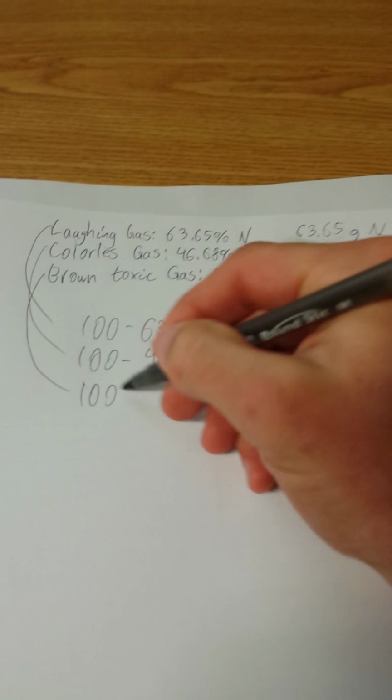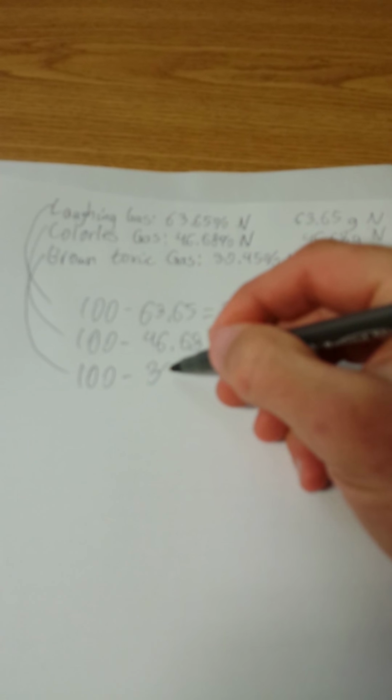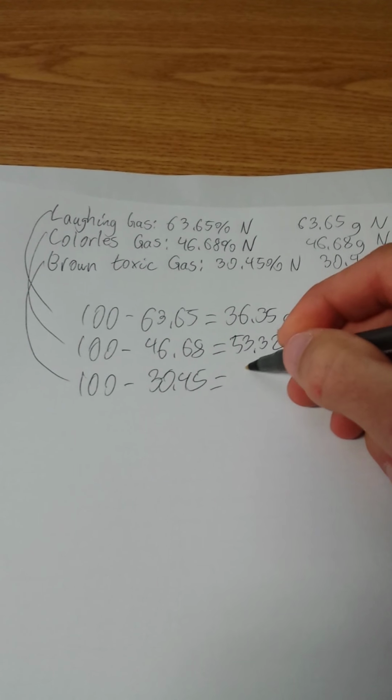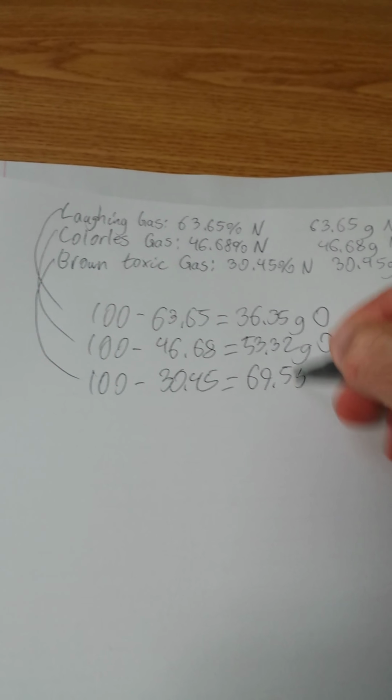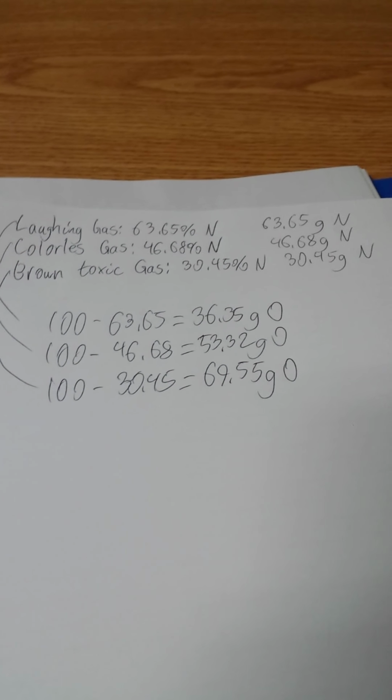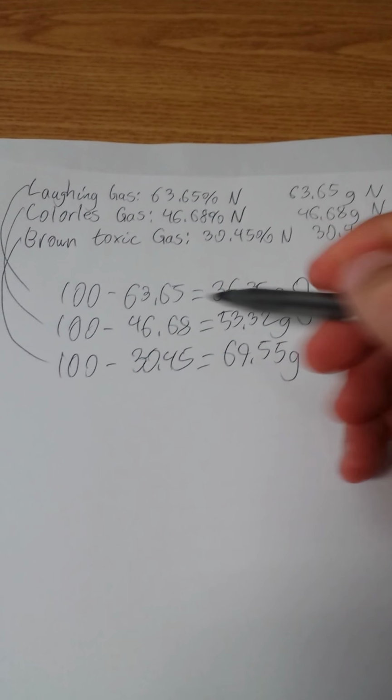And then 100 minus 30.45 equals 69.55 grams of oxygen.